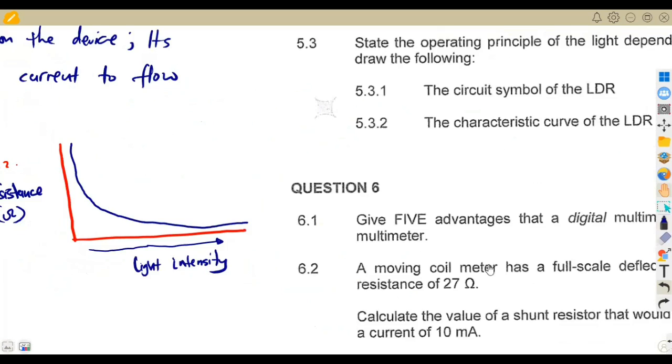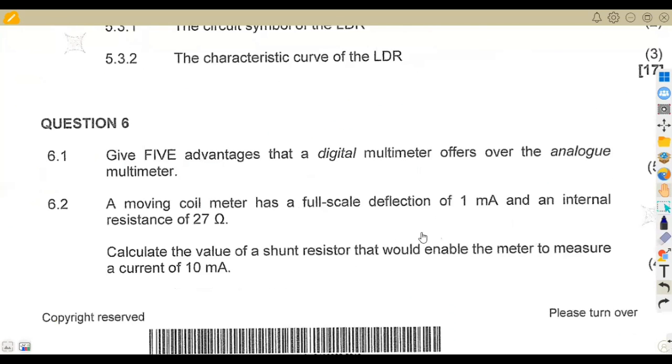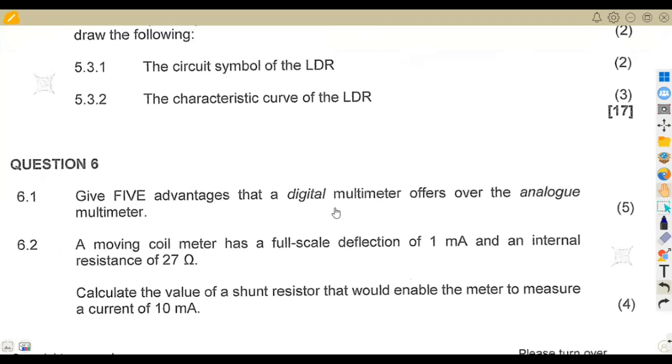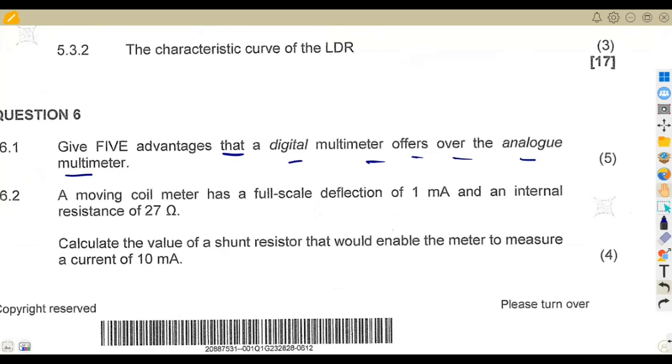All right, so that was question 5. Then question 6, give 5 advantages that a digital multimeter offers over analog multimeters. They will be talking of the issue of accuracy, that the accuracy is higher.